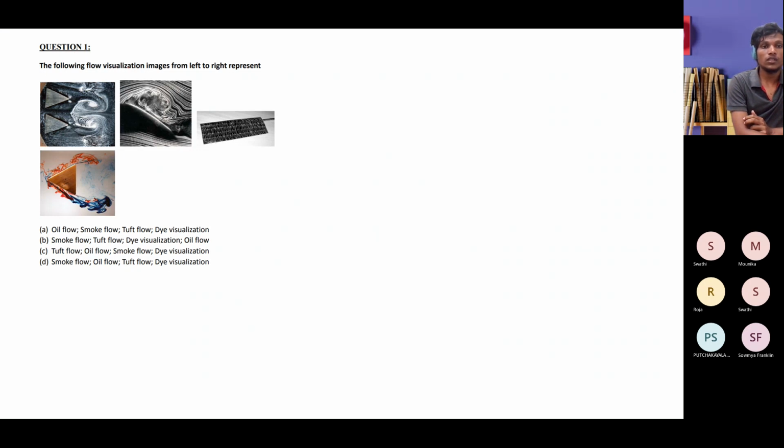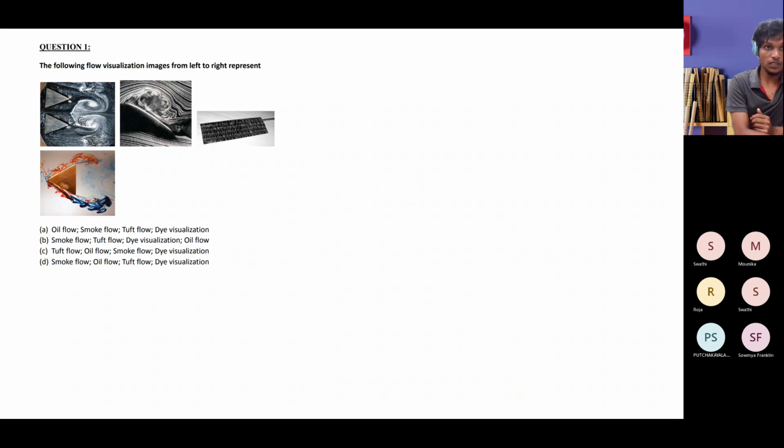The following visualization images from left to right represent what? We have some images here representing the flow features on different objects, and we need to say what kind of flow visualization each is.